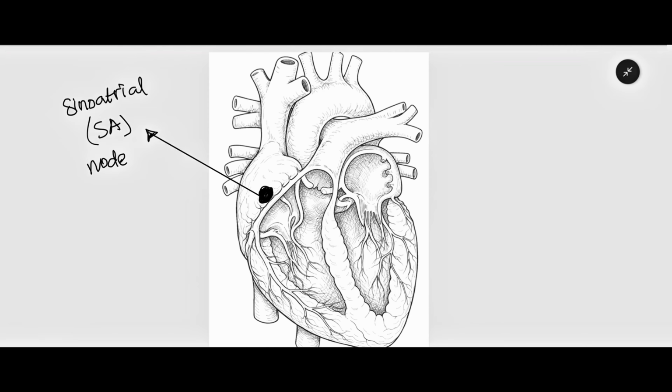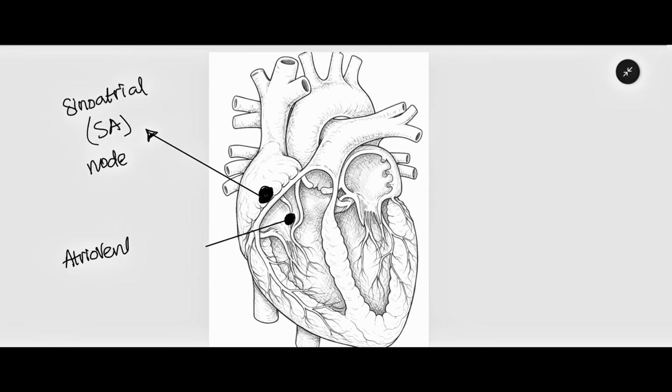And we have the AV node, or the atrioventricular node. The atrioventricular node sits somewhere around here, around the separation where the right atrium meets the right ventricle.